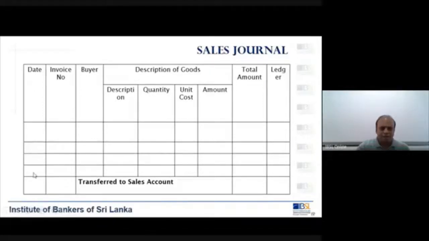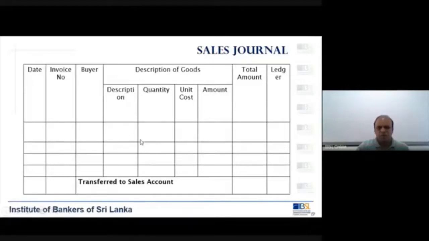You will have the date, the invoice number, that is the invoice that you raise for the sales. Then who is the buyer? Basically, the buyer means who is going to be your debtor. The debtor is your buyer. Then you will give some description relating to the transaction.